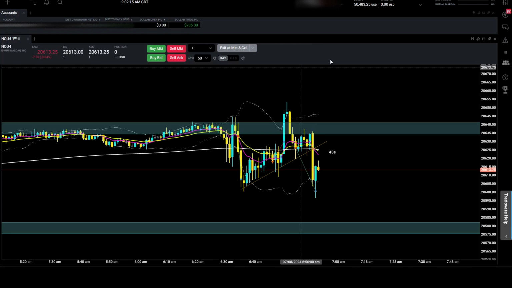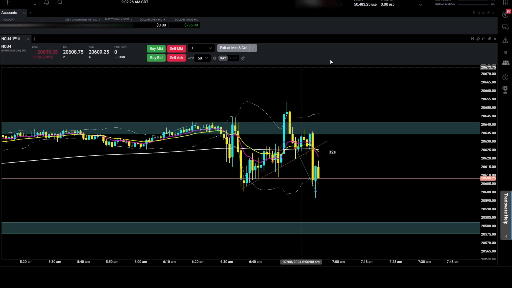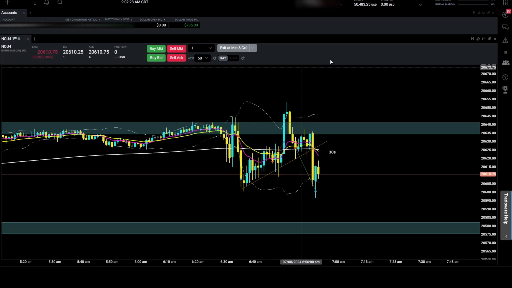I like it. I'm going to sit back for a while, wait for this volatility to settle down. See if maybe we can get one more trade. If not, I'll be happy taking this for today.